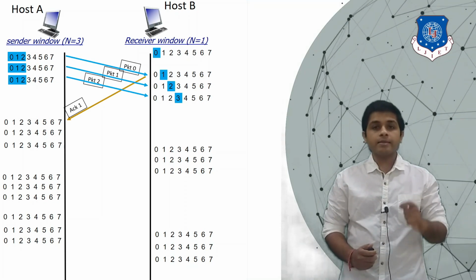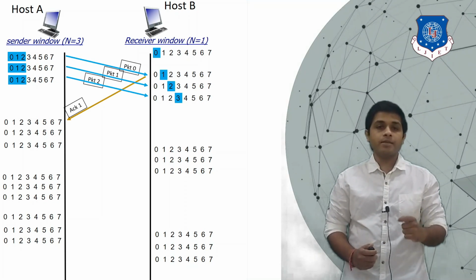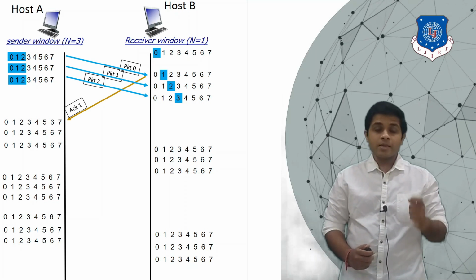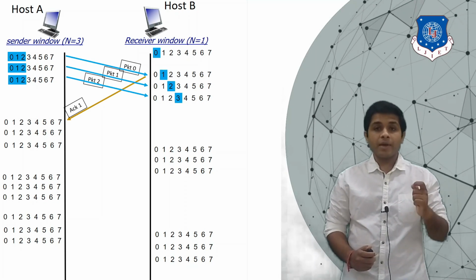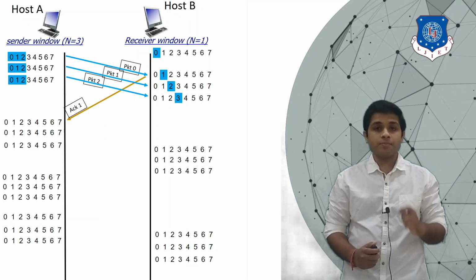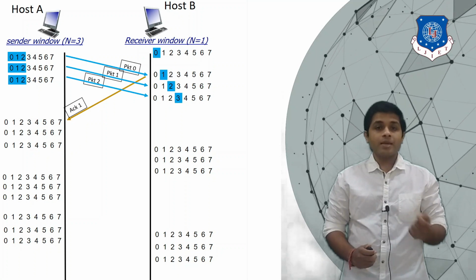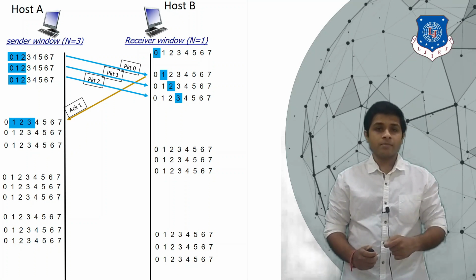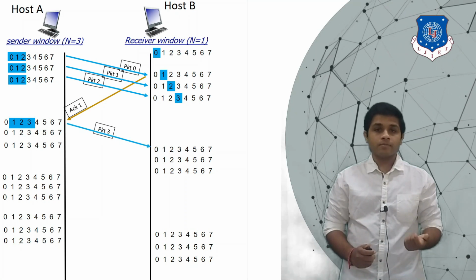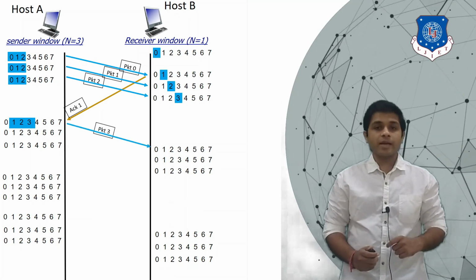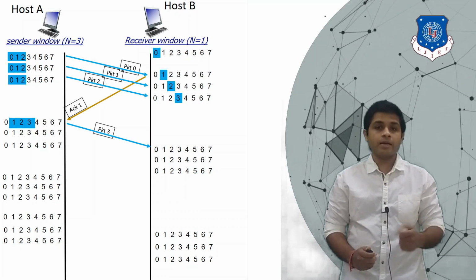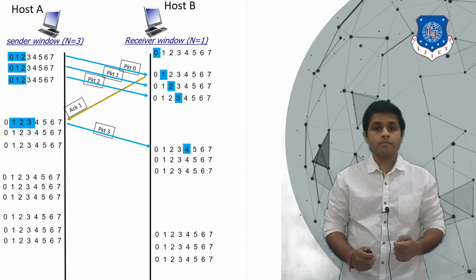As device A receives ACK 1, it knows packet 0 was received successfully by B, so A's window will slide. A will send the next packet, packet 3, and as B receives it, the receiver's window will slide to 4.